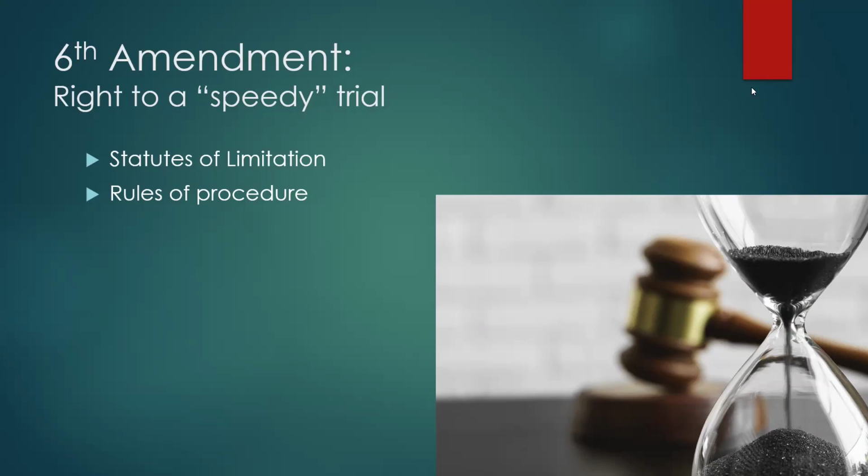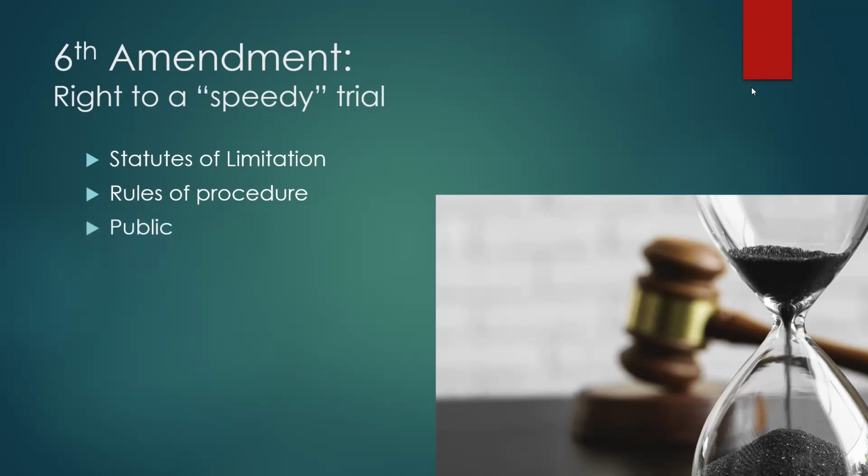There's no specific time period. It's all just a matter of the circumstances. But there are statutes of limitation that give sort of these firm frameworks. And then there are rules of procedure that also include some time limitations, but they just ensure that there is no unnecessary delays.